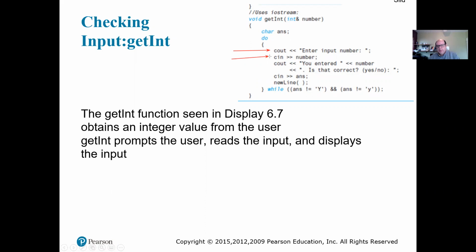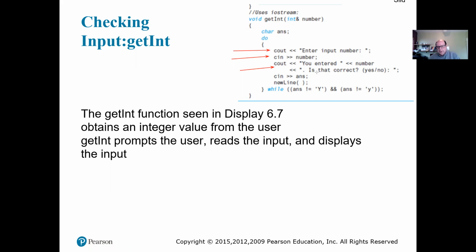We're going to read the number, and then we're going to tell them the number and ask, is that correct? So if the user says yes, we don't want to continue. But if it says no, we want to go back and ask again.